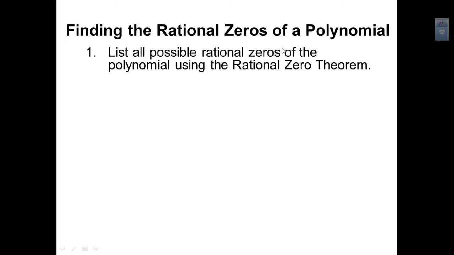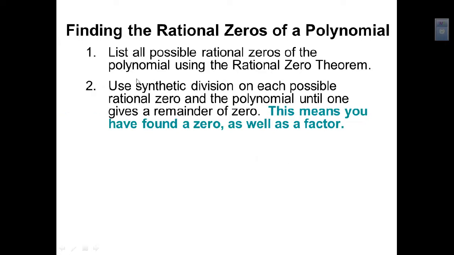All right, so to find the rational zeros of a polynomial, you're going to list all the possible rational zeros of the polynomial using the Rational Zero Theorem, like we've just done. And then you're going to use synthetic division on each possible rational zero in the polynomial until one gives you a remainder of 0.